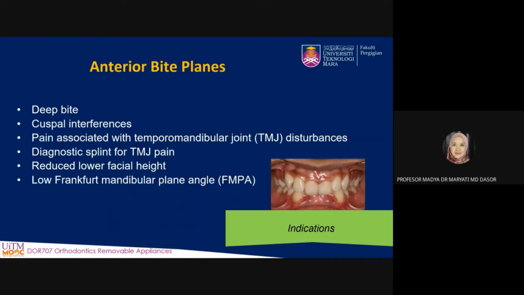Patients presenting with reduced lower facial height and low frontomandibular plane angle definitely will benefit from the fabrication of anterior biteplane because it will allow increased vertical proportion and may improve the profile of the patient.